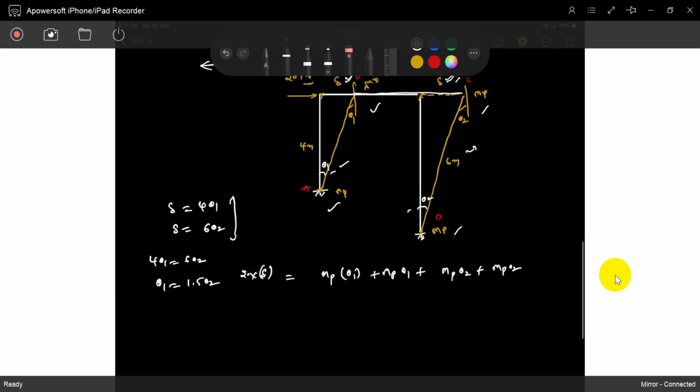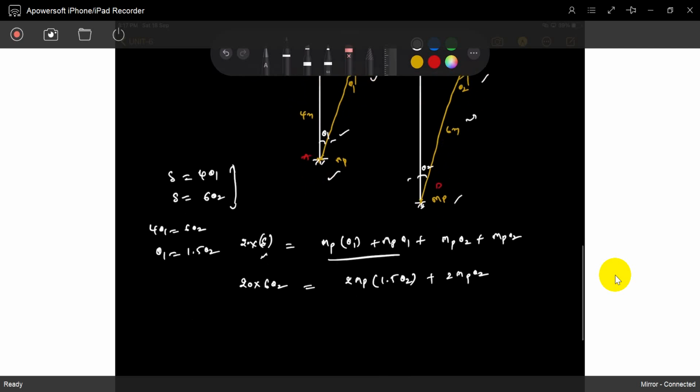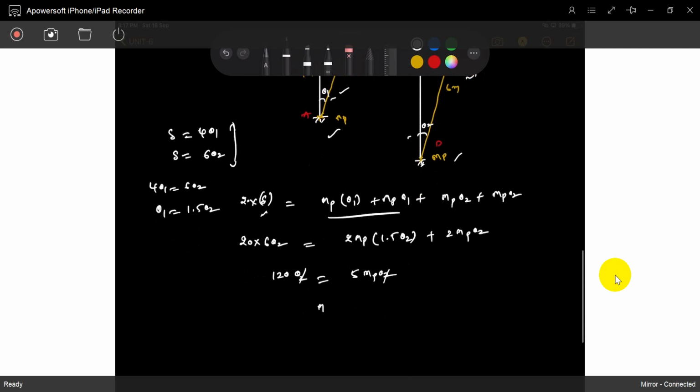I will choose in terms of delta, so delta is 6 theta 2. So 2 MP theta 1, written in terms of theta 2, plus 2 MP theta 2: it's 3 plus 2, so total is 5. 5 MP theta 2 is 120 theta 2. Theta 2 cancels. What is MP? MP is 24 kilonewton meter.